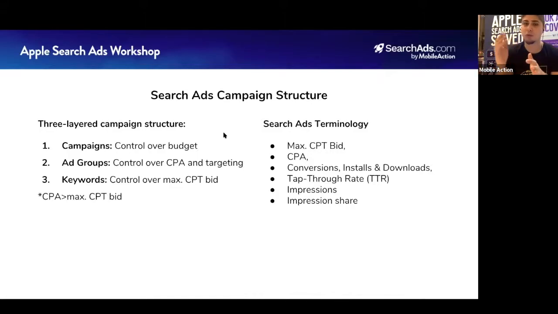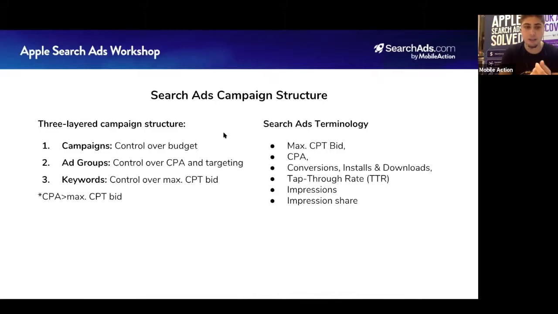You can choose age, gender, location, and you can also change the bid on the ad group level, but we don't usually recommend that. If you have a large scale campaign, then maybe ad groups are a better place. But when you change the bids on the keyword level, you have more control. The keyword level is where you choose which keywords you're bidding on, and you can also select the maximum CPT bid.